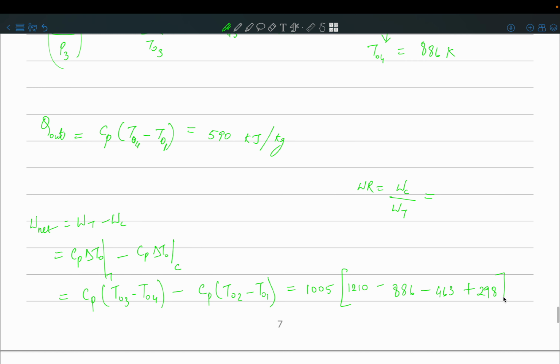So is this what you are doing? What is the answer that you are getting? Hello, am I audible still? Yeah, right. Now it's right. It's 159.79 kilojoule per kg. Yes.